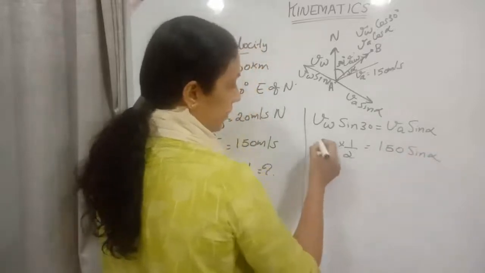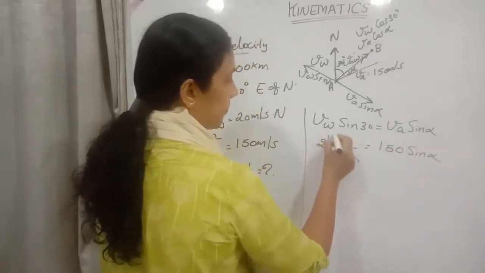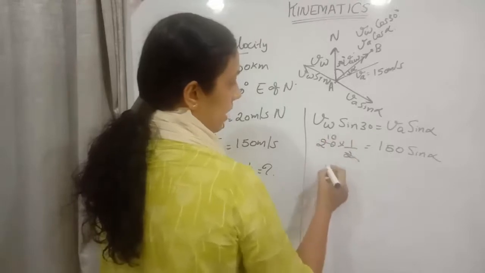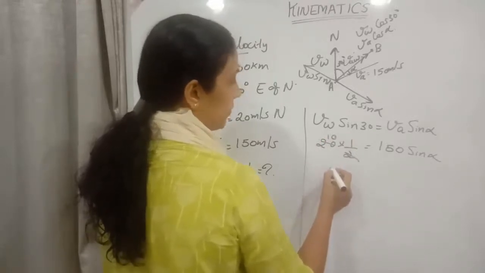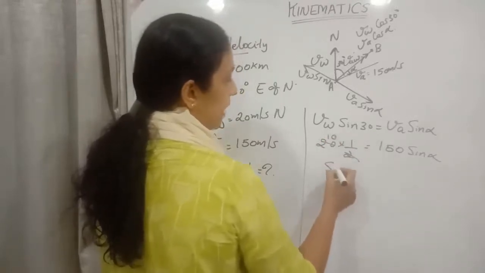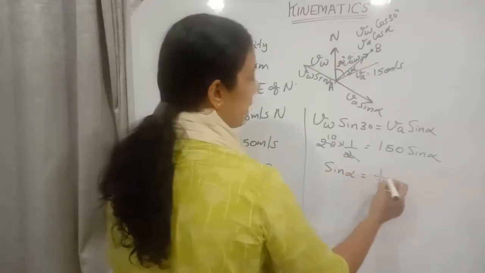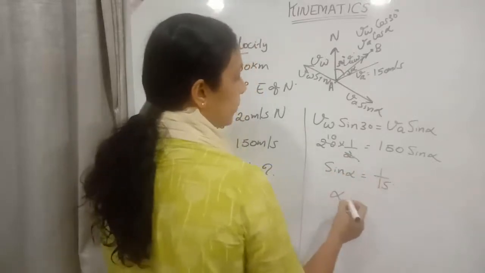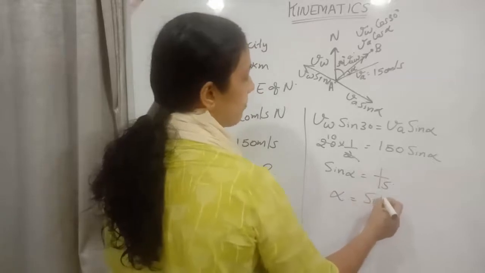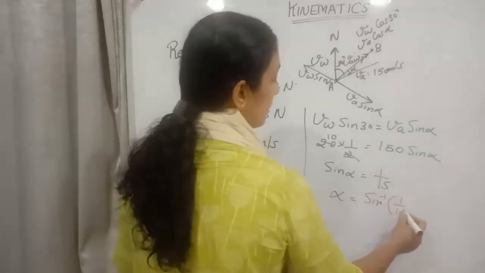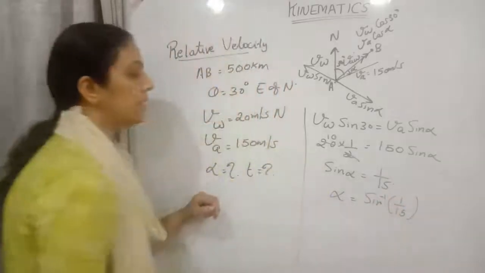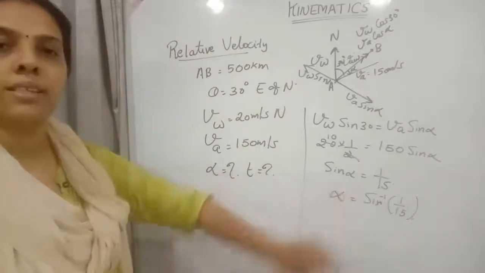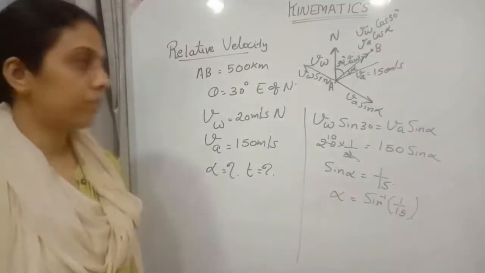Therefore we are getting sin alpha equals 1 by 15, so alpha equals sin inverse 1 by 15. This should be the angle.